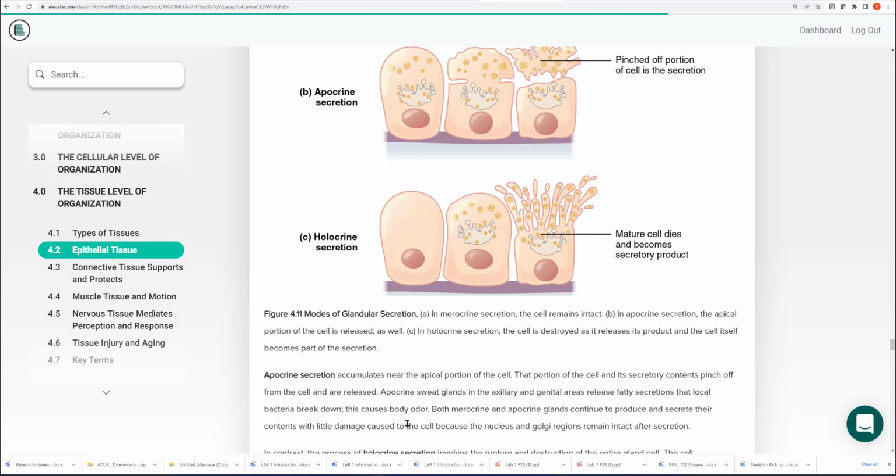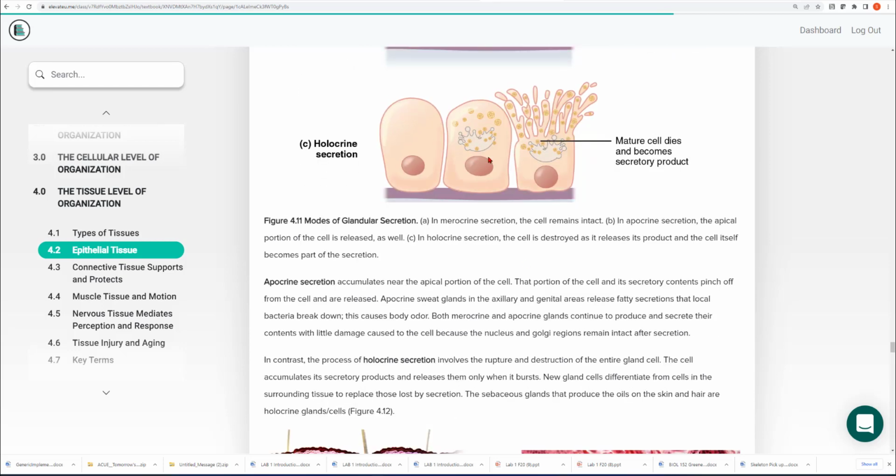And apocrine is also the way that your underarm regions sweat. And those stinky kinds of sweat that we release from our genital and our axillary regions are released by this method. And then the holocrine, where the entire cell is destroyed and released with the secretions, is the primary way that those oily glands in your skin and hair release their products.